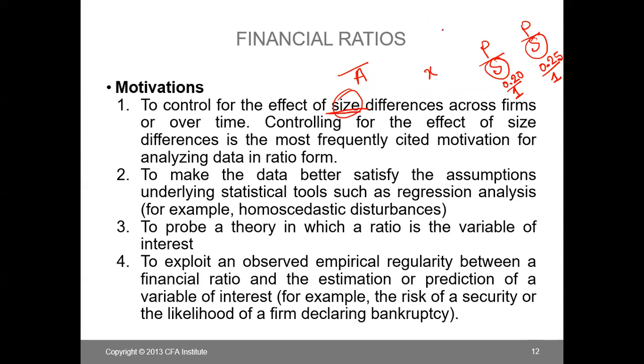But if we had a number like 2 trillion for Apple and 0.5 million profit for Xiaomi, it would not be good to make a head-to-head comparison by looking at the absolute numbers.